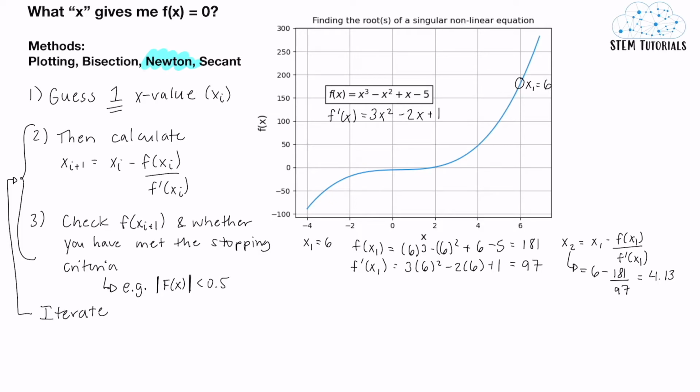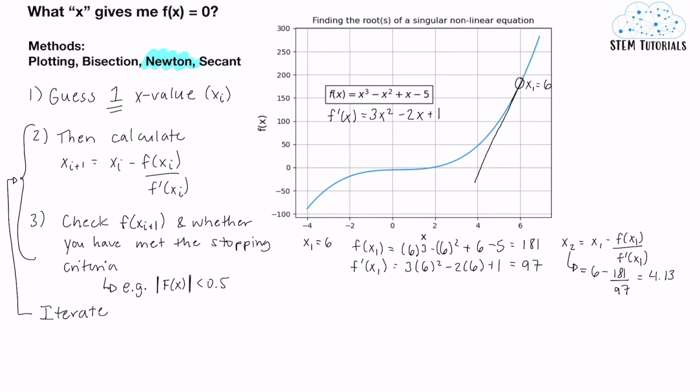Great, so now what we've essentially done is we've chosen our x value here, which is our x1, and by applying this equation, we've essentially drawn a tangent along this curve and looked at where this tangent intersects with our 0 line, f of x equals 0.